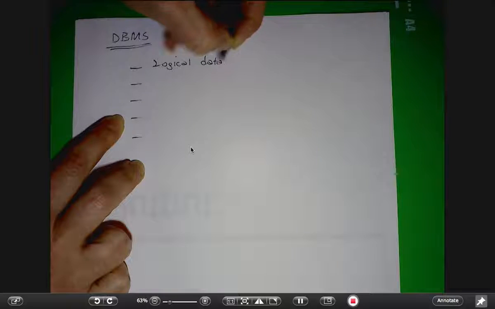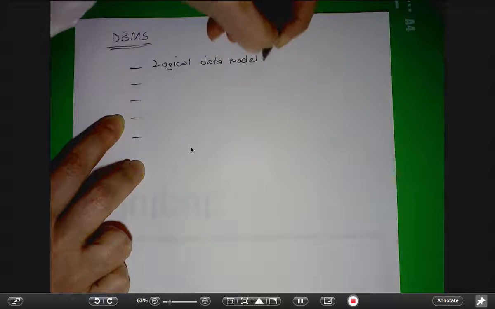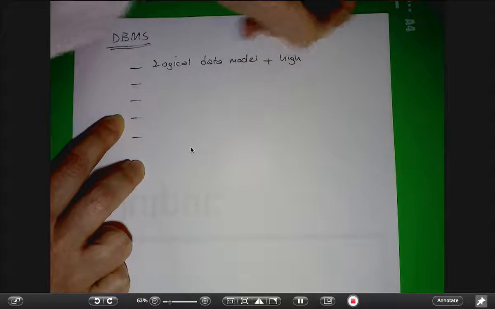Then you can query it using a query language that is not C++ or Python, but is in fact a logical, higher-level query language. So basically you have a logical data model and a high-level query language.